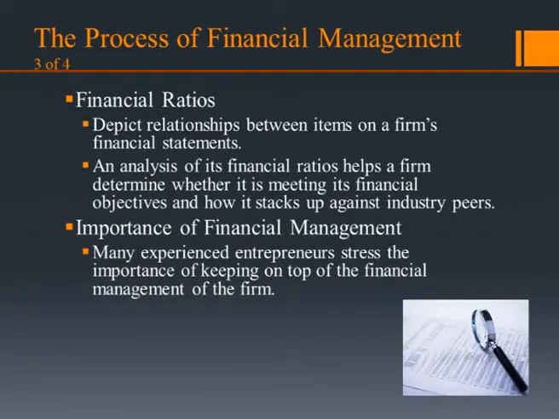Another process of financial management is financial ratios. Financial ratios depict the relationship between items on a firm's financial statement. An analysis of its financial ratios helps a firm determine whether it is meeting its financial objective and how it stacks up against industry peers. Many experienced entrepreneurs stress the importance of keeping on top of the financial management of the firm.